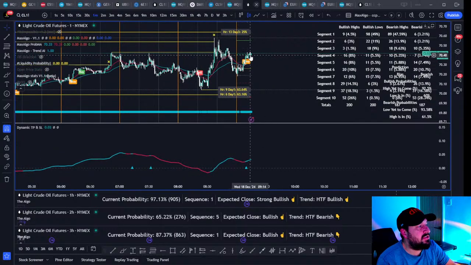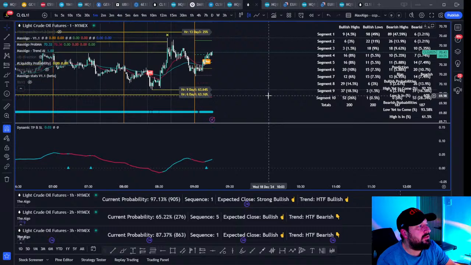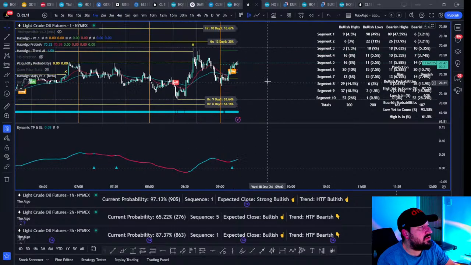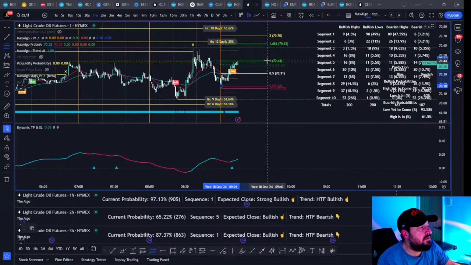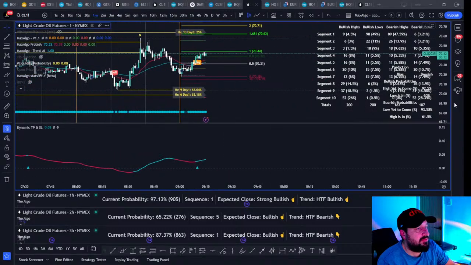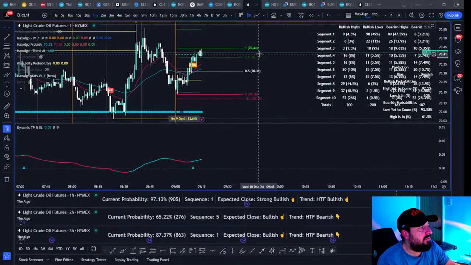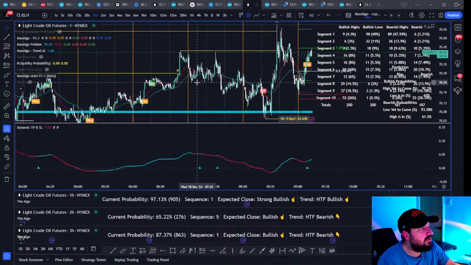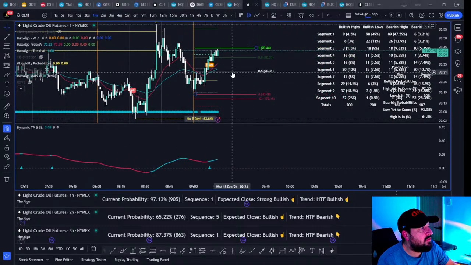So CL's given us a trade. We're above the zero line. On CL, because of the way CL moves, I like it on the shorts. So when we're going short on CL, I will enter the trade rather than wait for a 50%. Longs, I will look potentially for a little bit of a pullback.